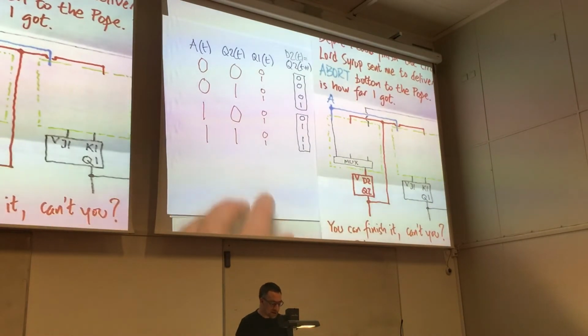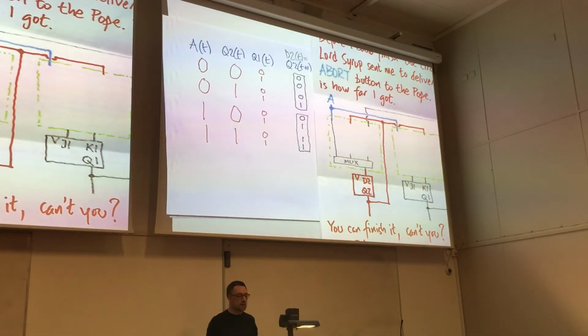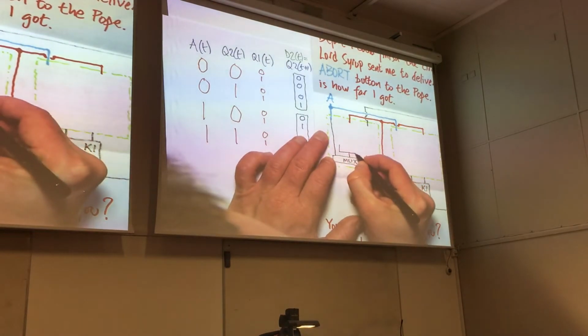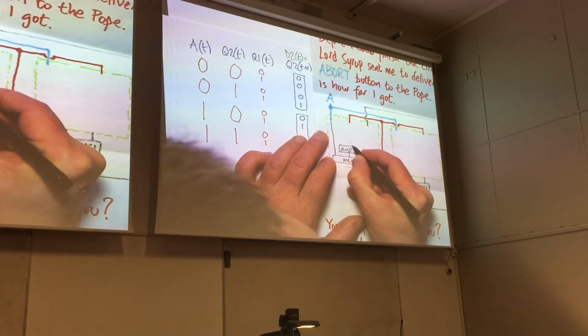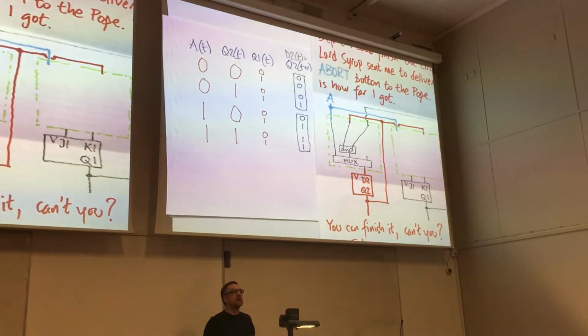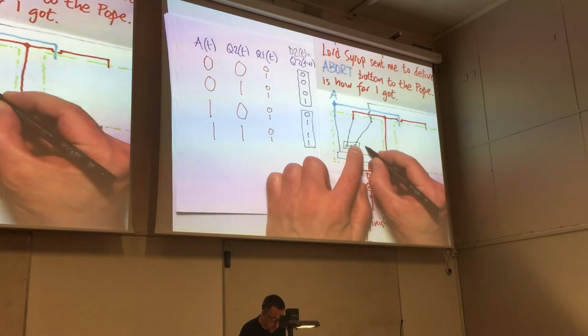When the abort button is 0, what calculation should we do? We need to say, what calculation of the other two are we doing? It's AND. And when the abort button is 1, what calculation are we doing for the other two signals? Yeah, that's this truth table here, that's OR.